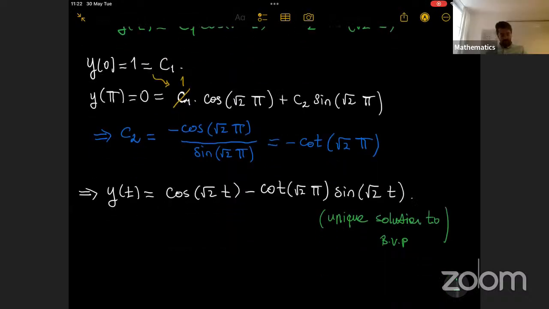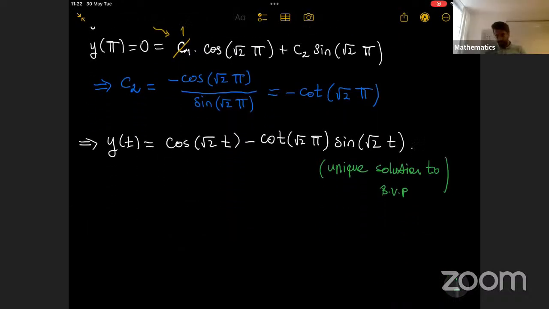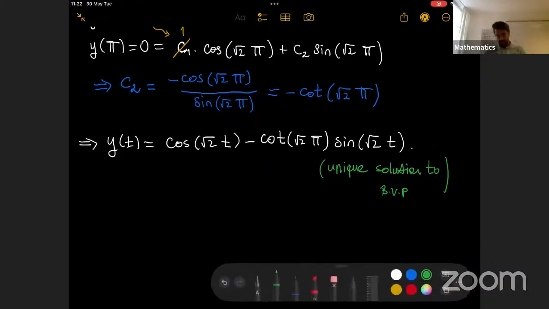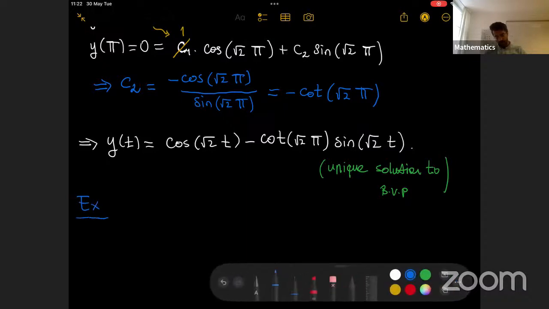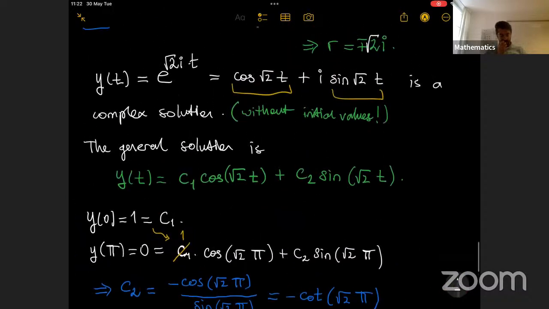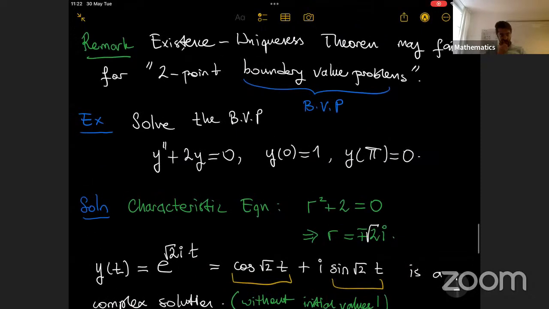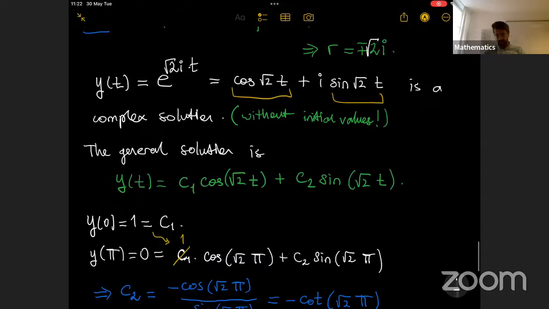All right, let's do another example. Let's remember this example again: y double prime plus 2y is equal to 0. Initial values are this, and we get a unique solution in this case. If we change this a little bit, let's see what happens.